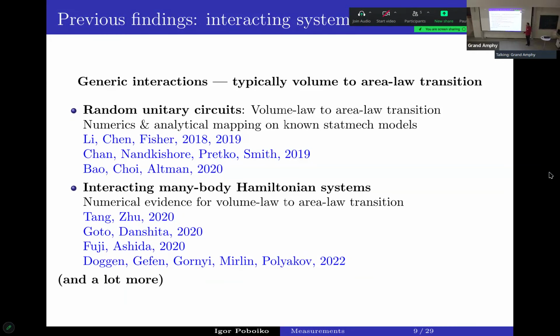Area law entanglement is something that you would naturally expect with a large measurement rate, where you have the zero limit, which is typically an area law entangled phase. And again, the volume law, as I said, is something that you would naturally expect in a generic situation.